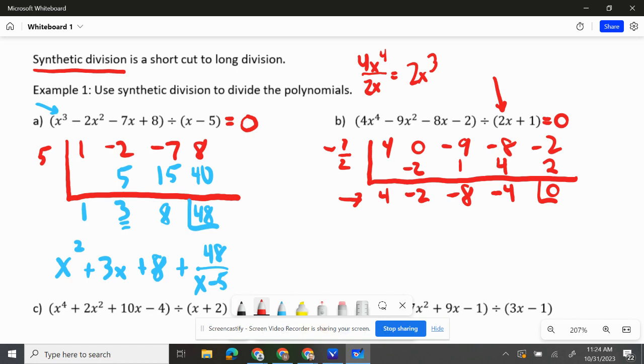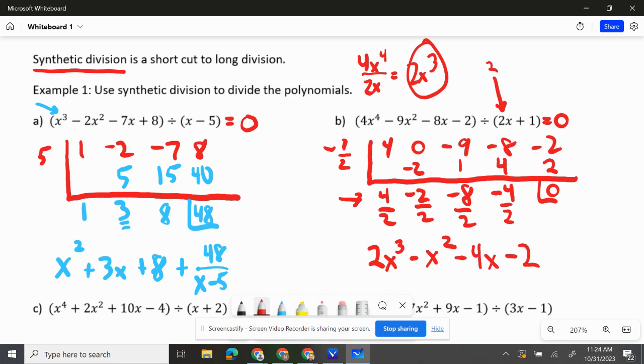So whenever we have a leading coefficient here, in this case it's 2, we're going to divide all of our terms by 2. And so that's going to give us 2x to the 3rd, kind of what we mentioned earlier, and then minus x squared minus 4x minus 2. And that right there is our answer.